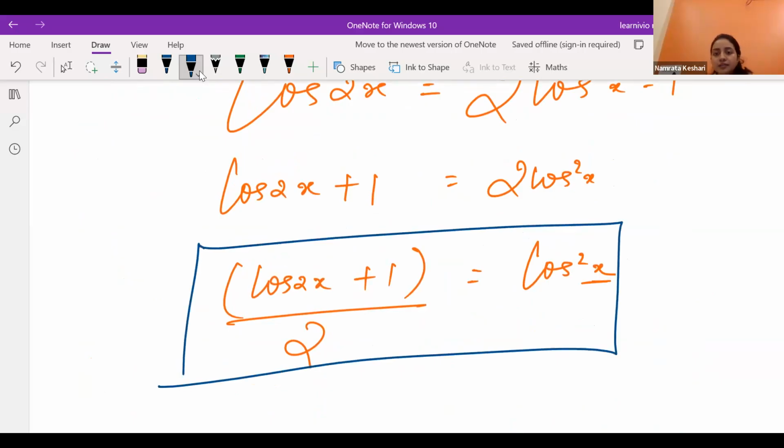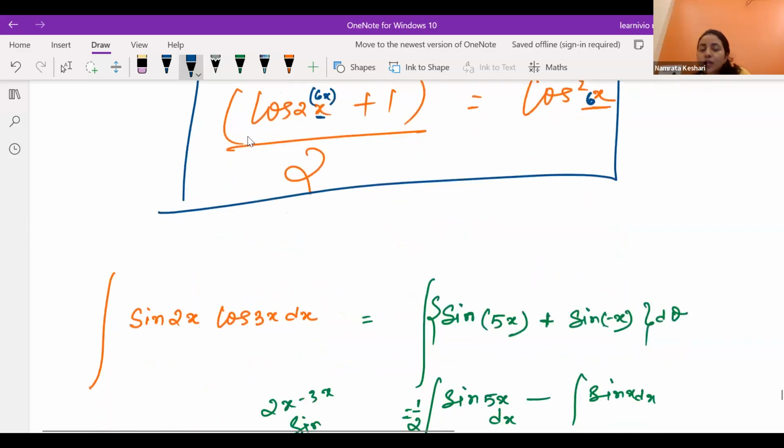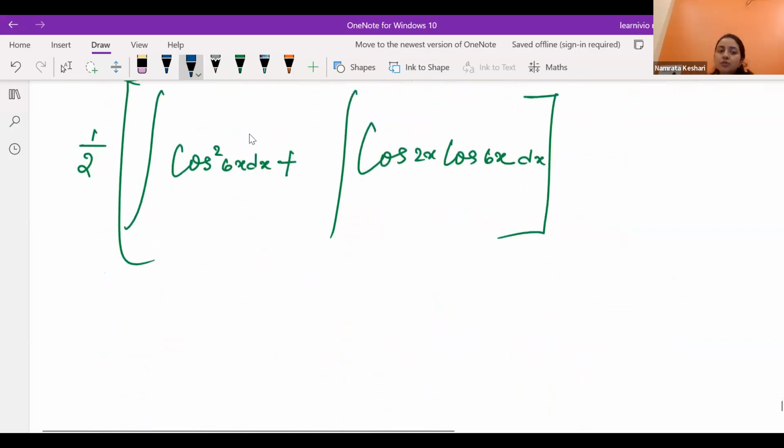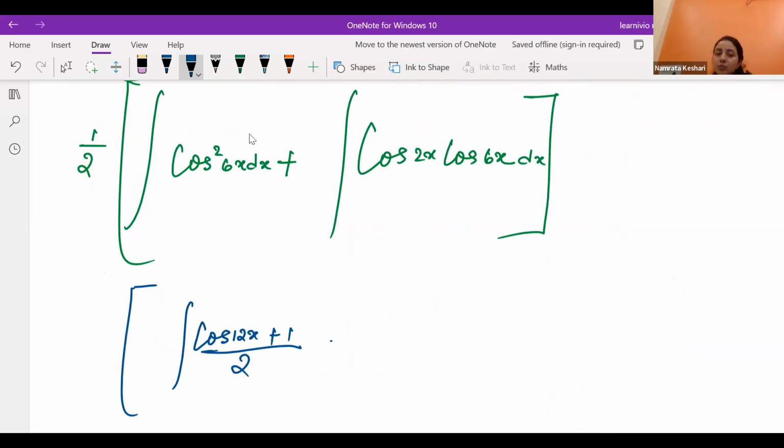Yes. When the angle is 6x instead of x, here also at the place of x it will be 6x. That means cos 2 into 6x, that means cos 12x, plus 1 by 2. Getting it? Yes. Okay, cos 12x plus 1 by 2, which is very simple to integrate. We know how to solve it. And what about the other one?